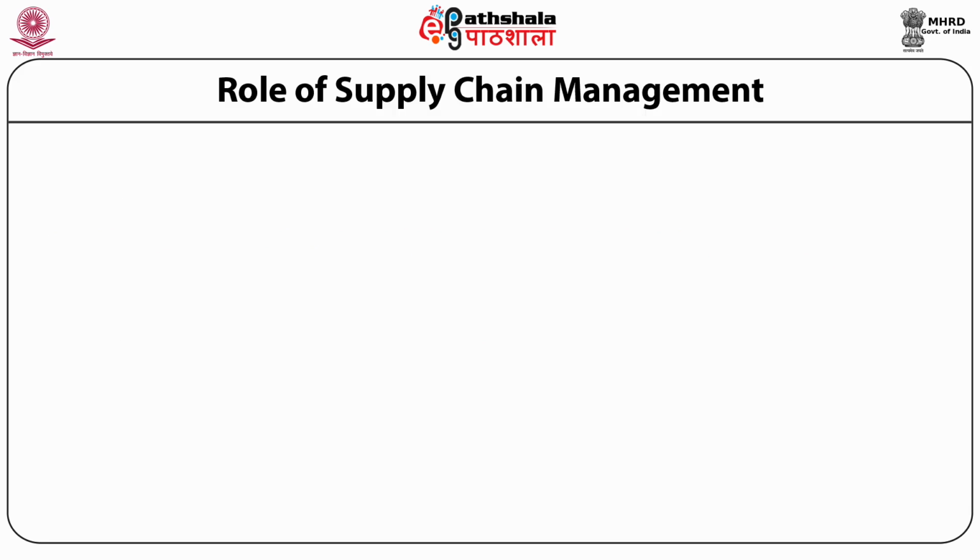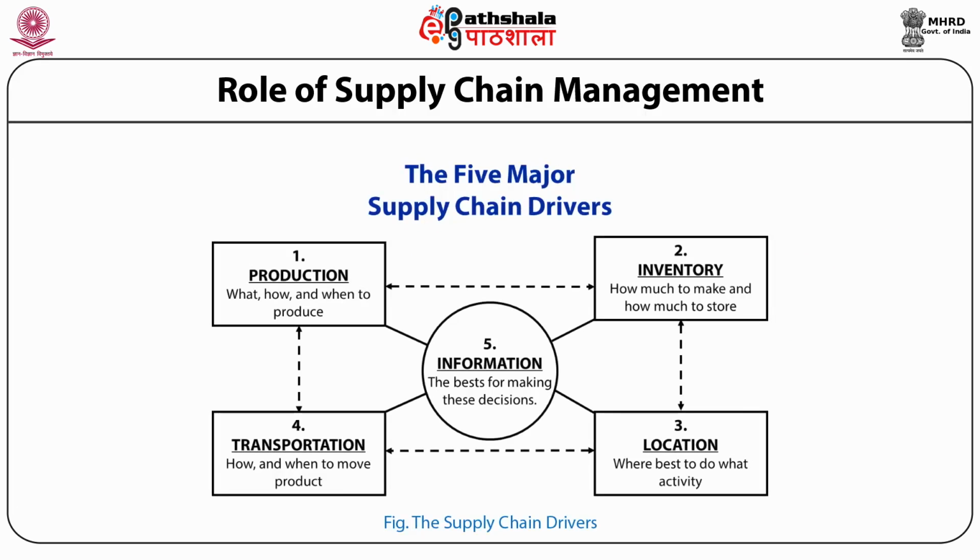The following diagram highlights the five major supply chain drivers. The very first is production. It talks about what, how, and when to produce. The second is inventory: how much to make and how much to store. The third driver is location: where best to do what activities.